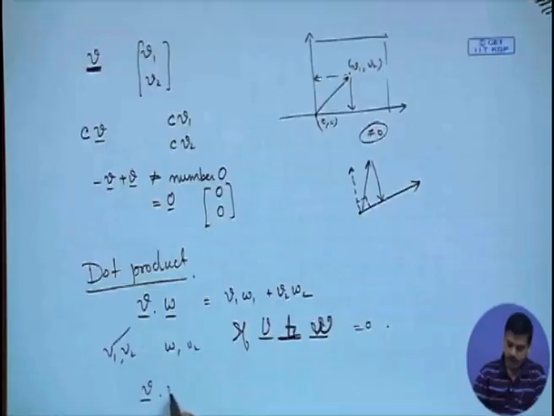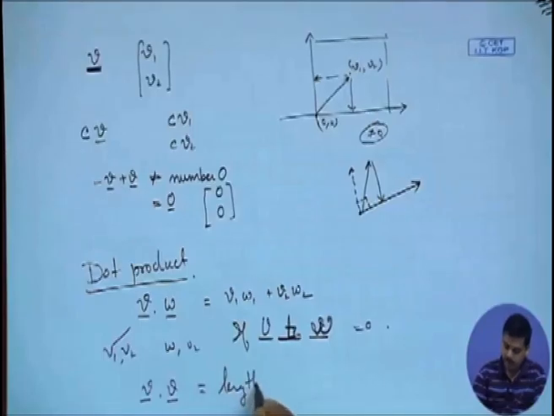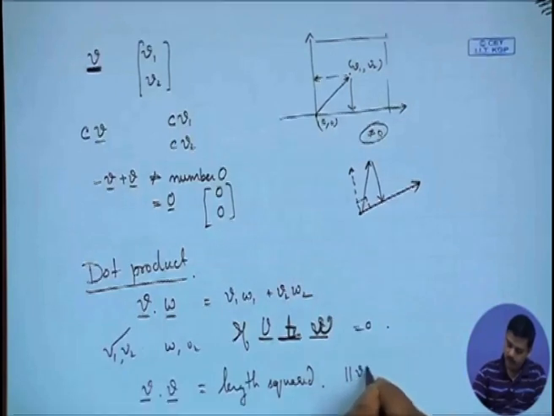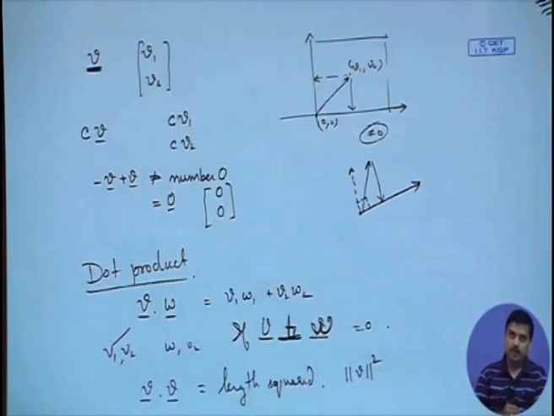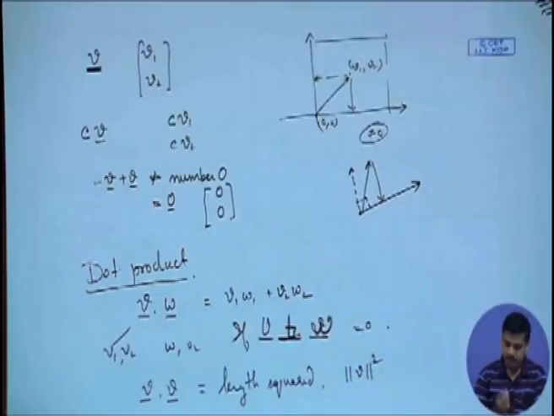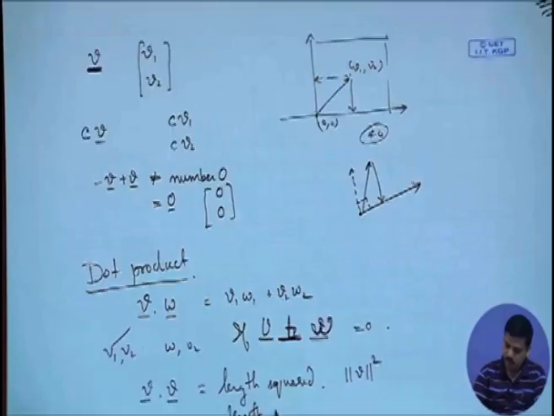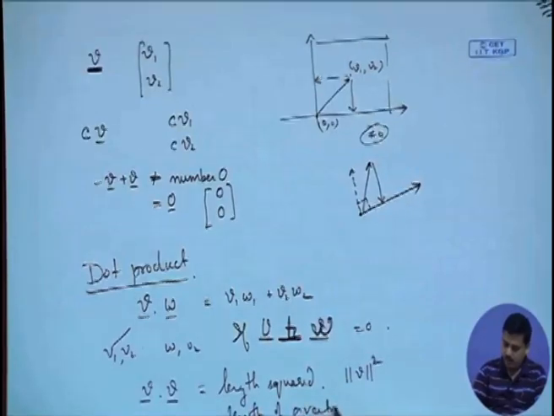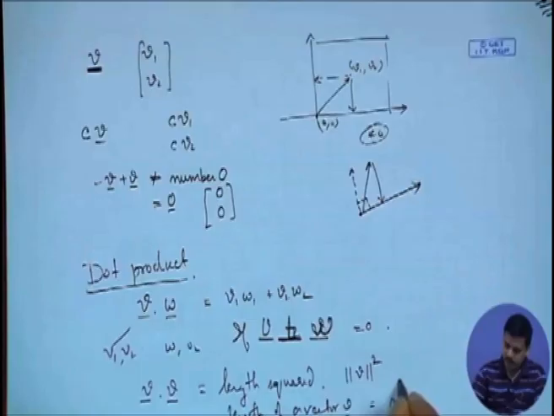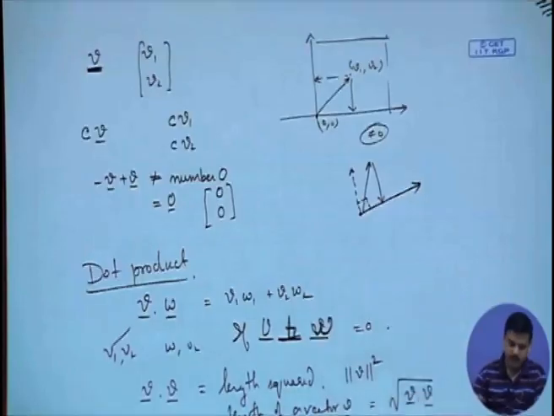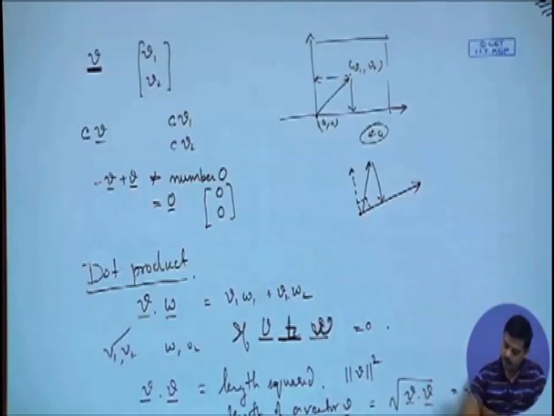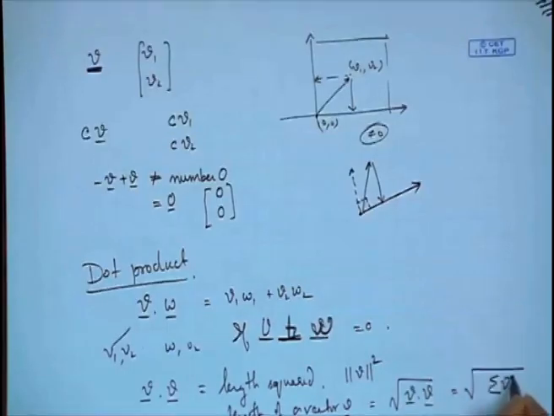If you take v dot v, this is basically the length squared, indicated as v norm squared. You could also write the length of the vector v as the square root of the dot product with itself, which could also be written as the square root of the sum over vi squared.